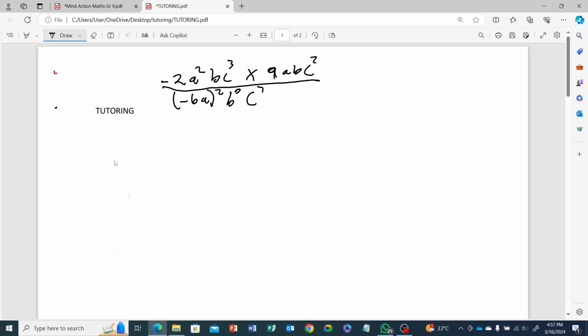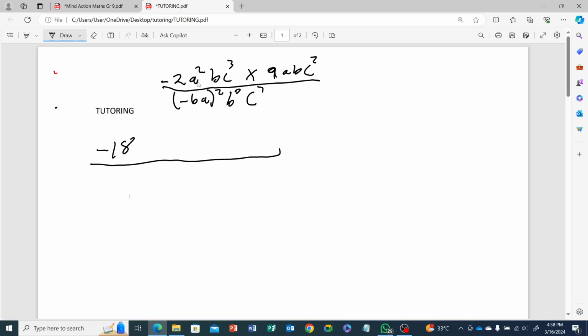Okay, so when it's like this, I will deal with the numerators first and the denominators first. Then that's when I can do everything together. Now, in the numerator, we take like terms. -2 times 9 is -18.